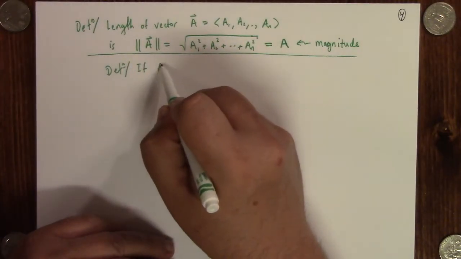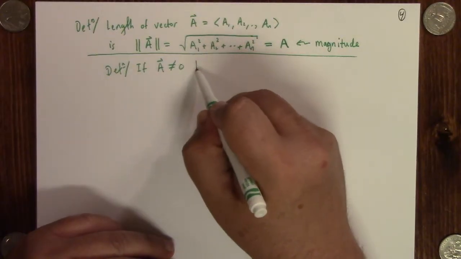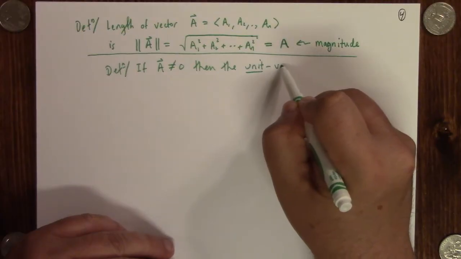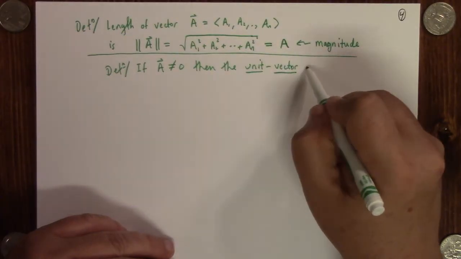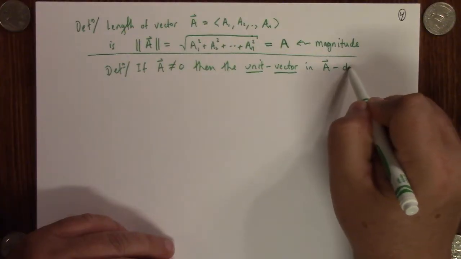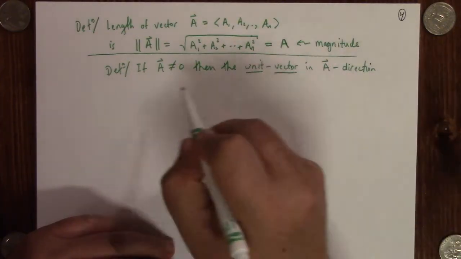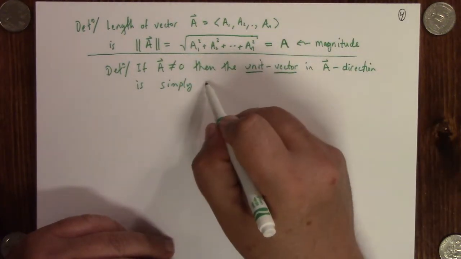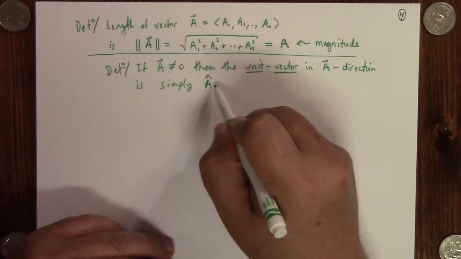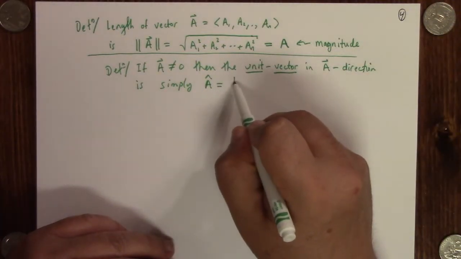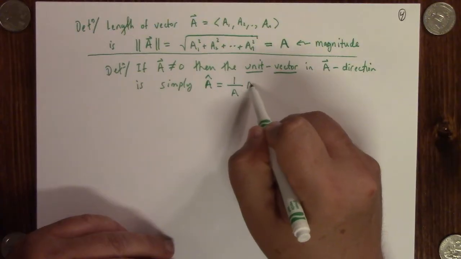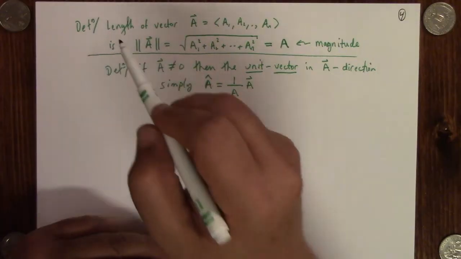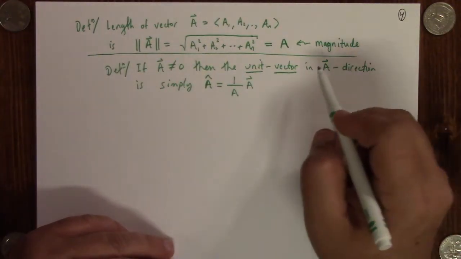If A is non-zero, then the unit vector in the direction of A, A hat, is 1 over the length of A times A. So that's the definition of unit vector.